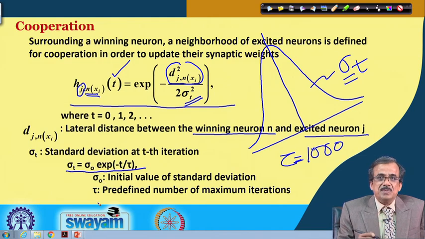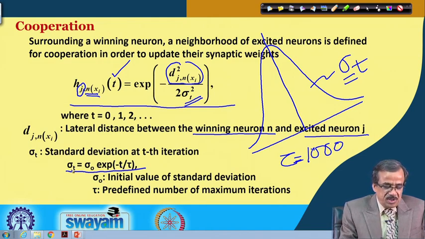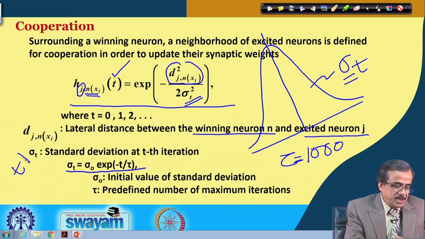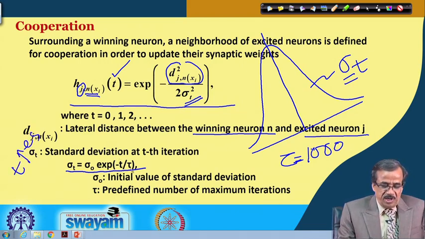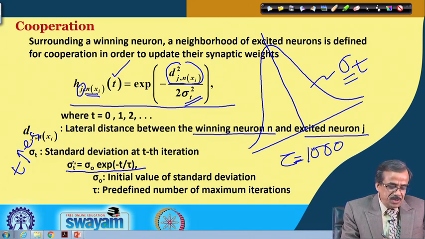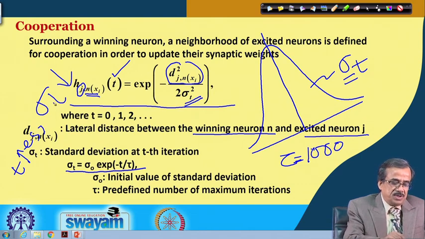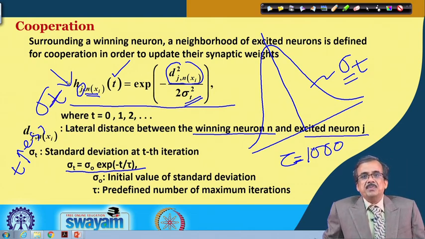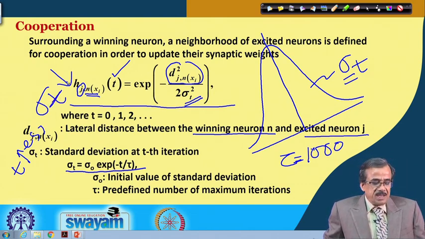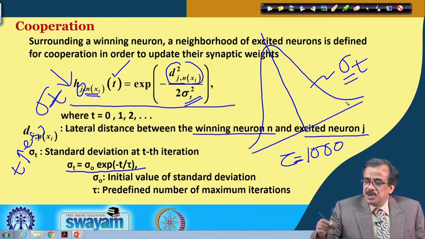Now, as iteration proceeds, what will happen to this sigma t? As iteration proceeds, small t is going to increase. Now, as small t increases, this sigma t is going to be reduced. And if sigma t reduces, what will happen to the nature?